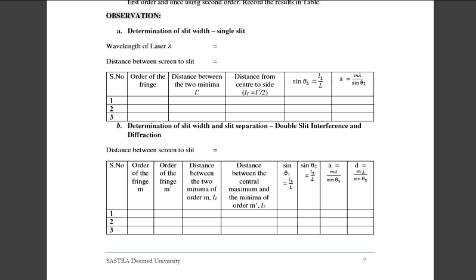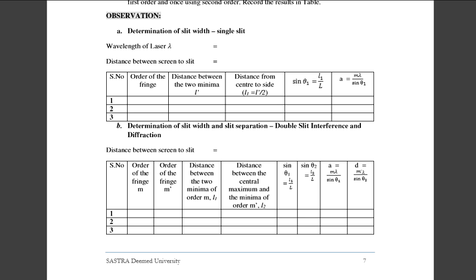In the observation table for the determination of slit width and slit separation for double slit interference and diffraction, you need to note the distance from the screen to the slit, and in the table you need to note the order of the fringe m, the order of the fringe m dash, the distance between the two minima of order m, that is L1, and the distance between the central maximum and the minimum of order m dash, which is denoted by L2.